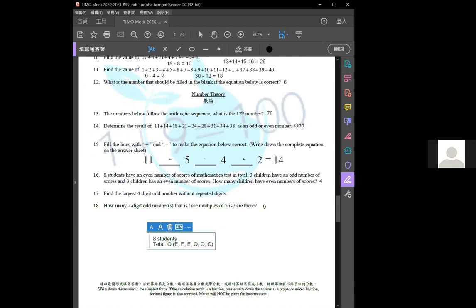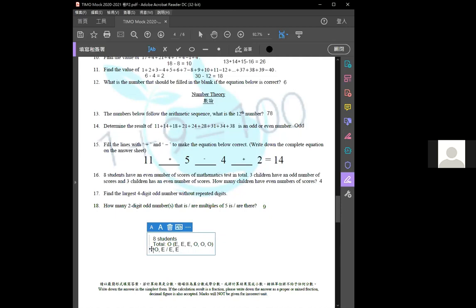So in this case, we still have 2 students' scores we don't know about. The remaining 2 students can be O, O, both of them odd, or they can be O, E, one odd and one even. And then it can also be E, E. But we want the result to become an even number of scores in total, right? So if we choose O, O, it will just become an even, and even plus odd is still odd, so it doesn't satisfy the requirement.